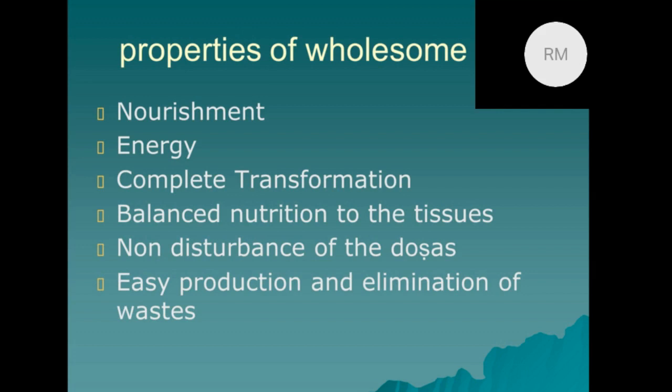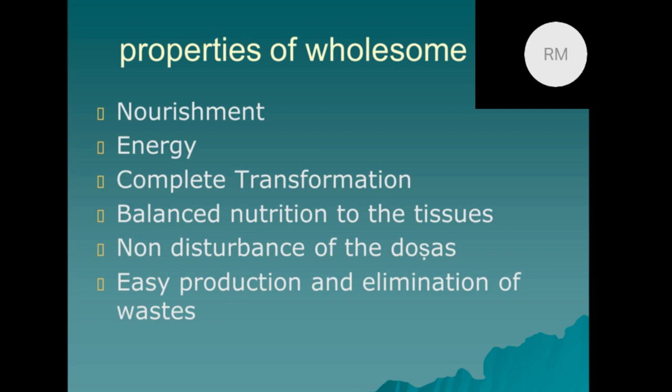Wholesome food is able to achieve all these goals at the same time. There are some foods which are nourishing, some which give energy, some which get completely transformed, some which give balanced nutrition to the tissues, some which do not disturb the doshas, some which are easily digested and eliminated, but it's very difficult to get foods which do all of these things at the same time.